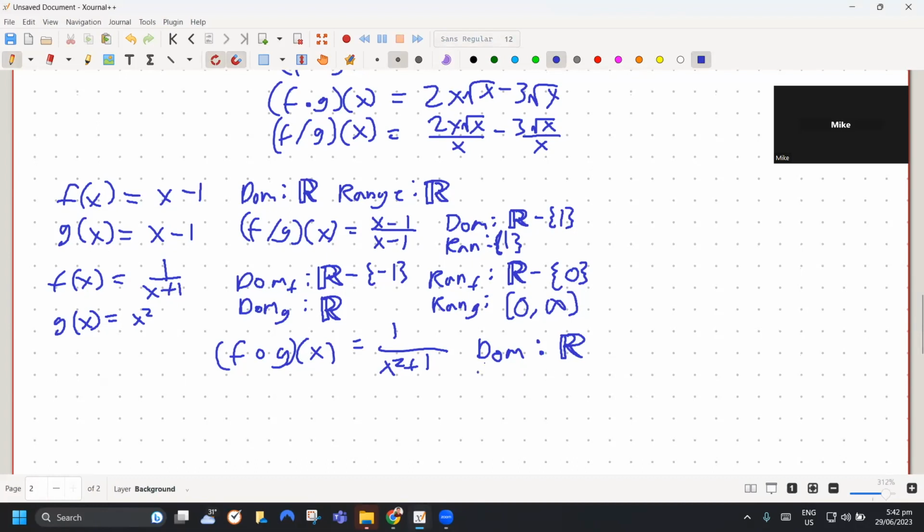So all R is allowed. Teka, graph mo nga yung F circle G. Ano yung itsura ng graph?